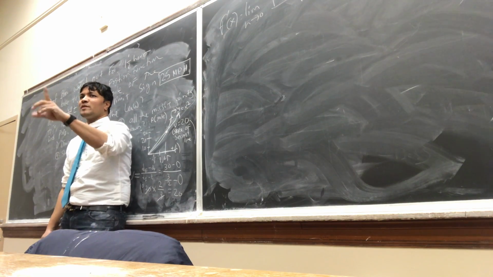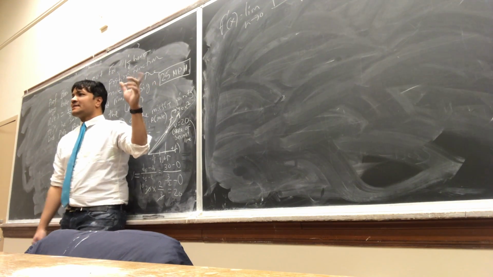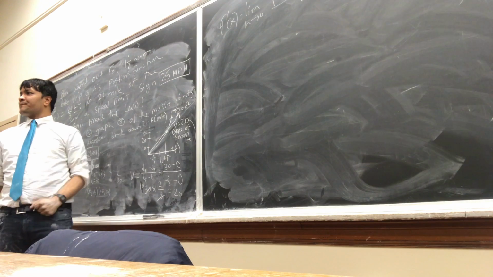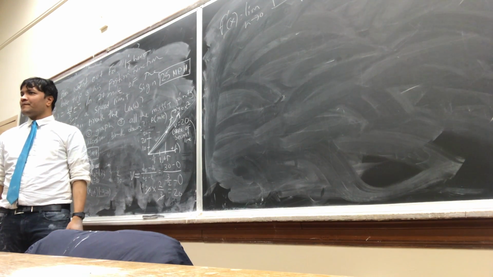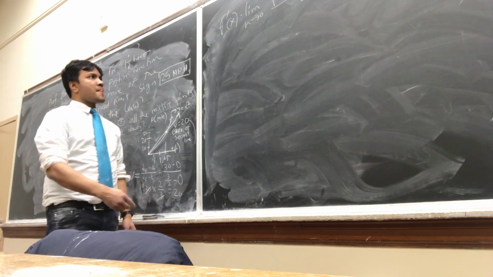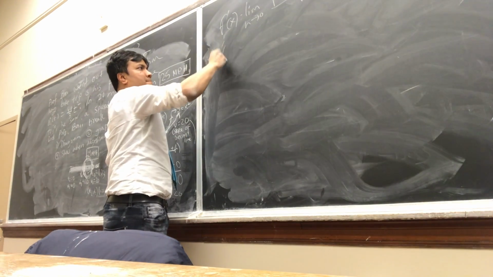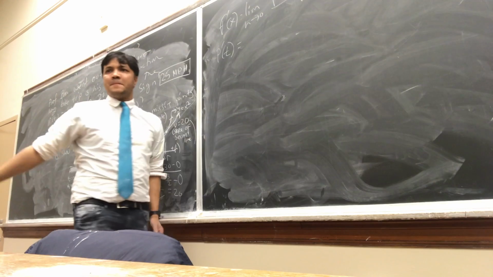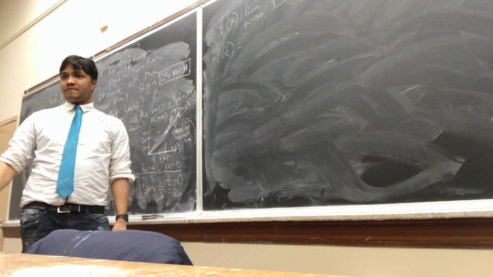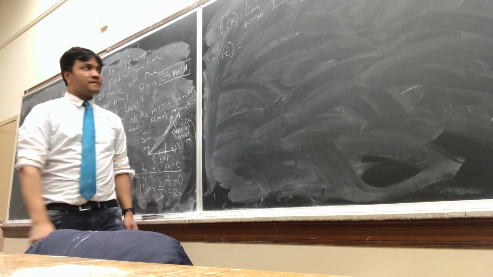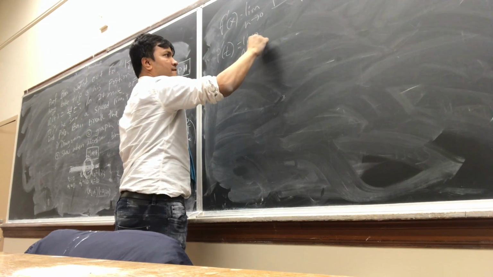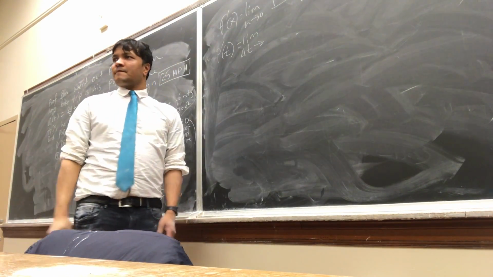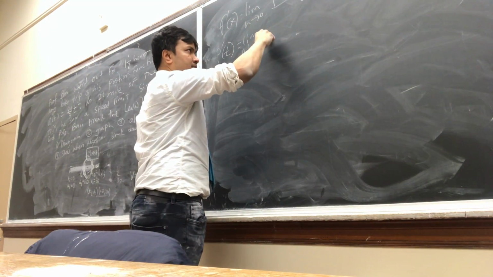Okay, now I want one person to make it useful for this one. So it's going to be f prime of x, the limit as approaches... P prime of t is equal to the limit as delta t approaches 1.22.